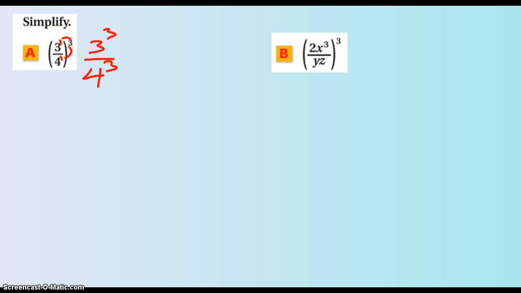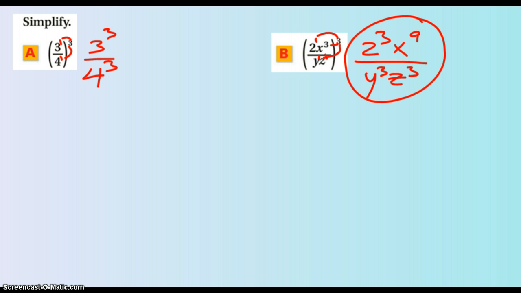If I look at B, just remember that 2 is to its own power, so I would do 2 to the 1st, or 1 times 3, so that's 2 to the 3rd. Power to a power, x to the 3rd, so 3 times 3, that's x to the 9th. And then these are both to the 1st power, so y to the 3rd, z to the 3rd. Kind of some crazy stuff going on there, alright?